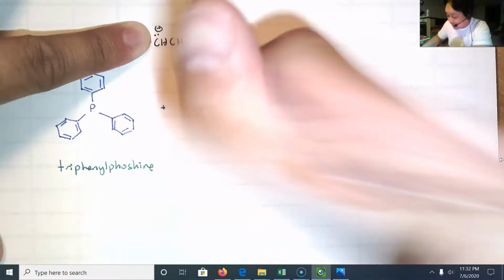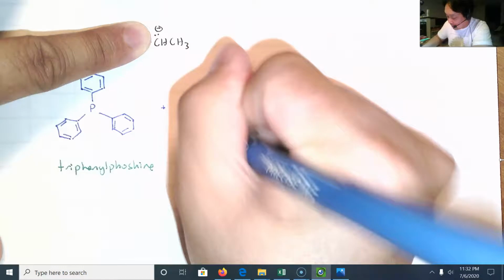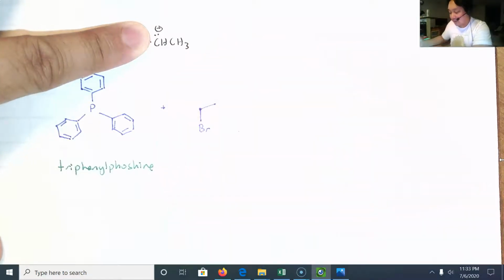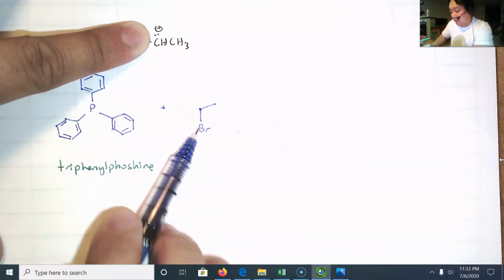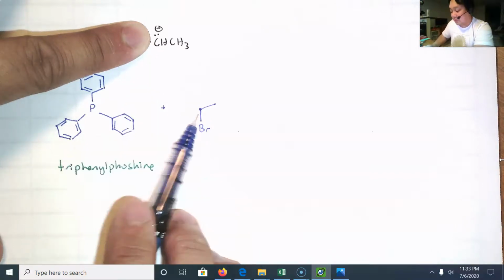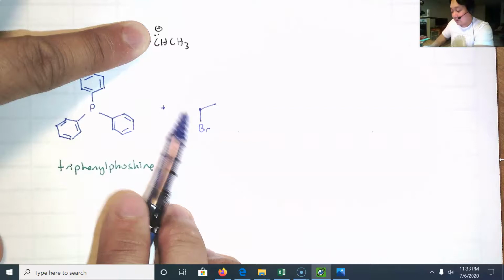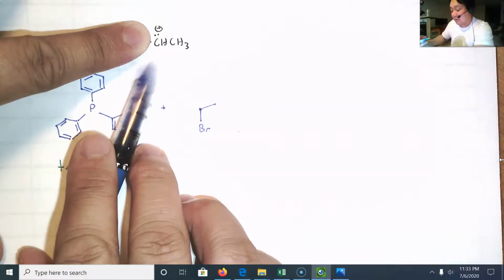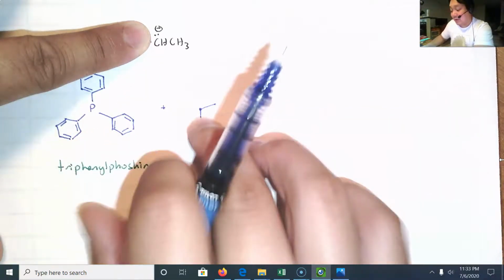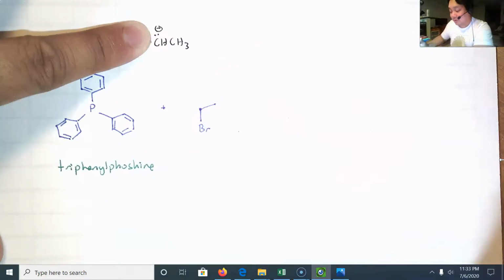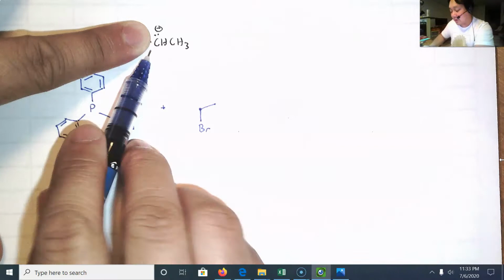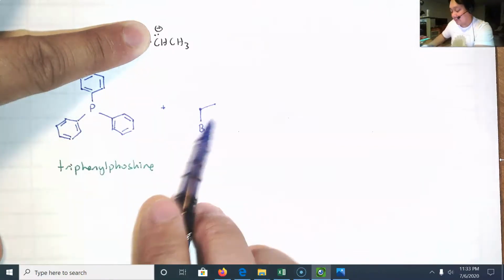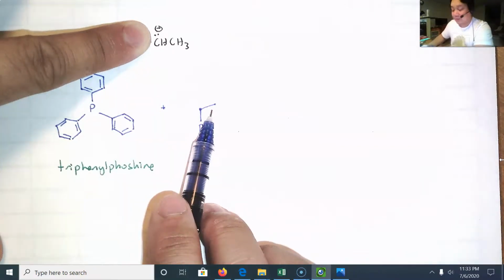So tell me whether this is correct. See, I had to add a bromine and also another hydrogen. So this carbon has 2 hydrogens. This carbon only has 1 hydrogen. So I'll show you later how we remove that hydrogen to get the Wittig reagent. But those are my carbons, and these are the 2 carbons corresponding to the Wittig reagent.